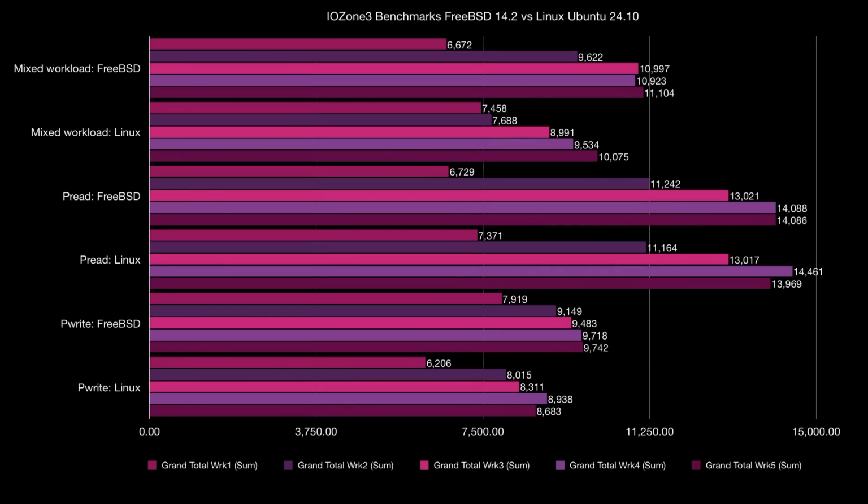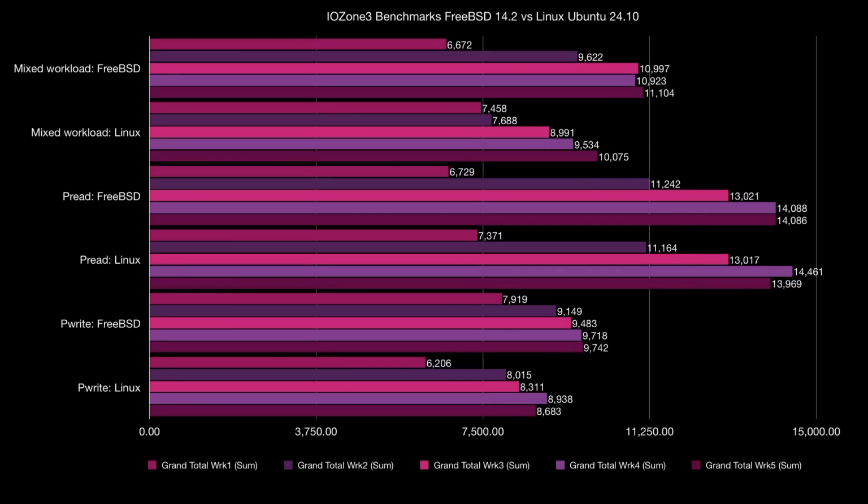Okay, so in the mixed workload, FreeBSD starts out again slower, but then passes Linux up and stays faster all throughout the run. On the P-read, it's the same thing. FreeBSD kind of ramps up a little bit slower, but then that is a dead heat, except for worker 4, where Linux is slightly faster here.